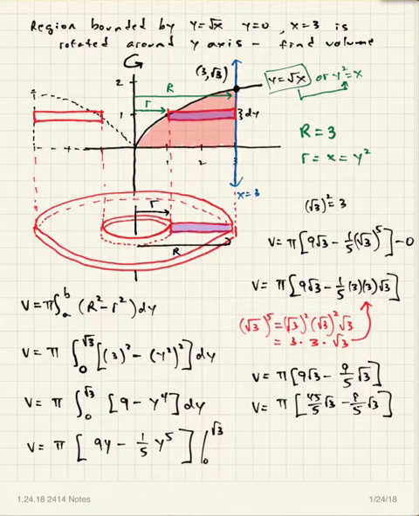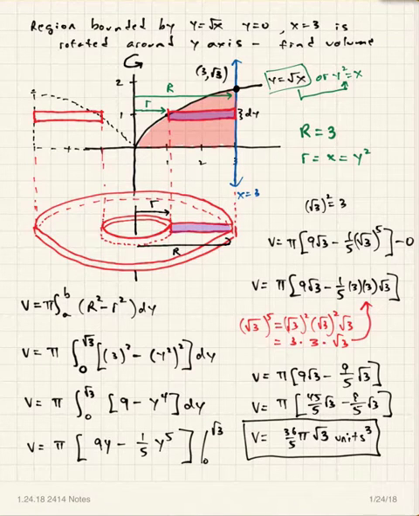And so that would give you volume to be, let's see, 45/5 minus 9/5 would be 36/5. And then you'd have a pi in there, and then times the square root of 3. And that would be cubic units there, because we're finding a volume, technically I should take off or penalize you if you don't write cubic units down at the end. But I'm probably not going to make a big deal about that, just so you know.